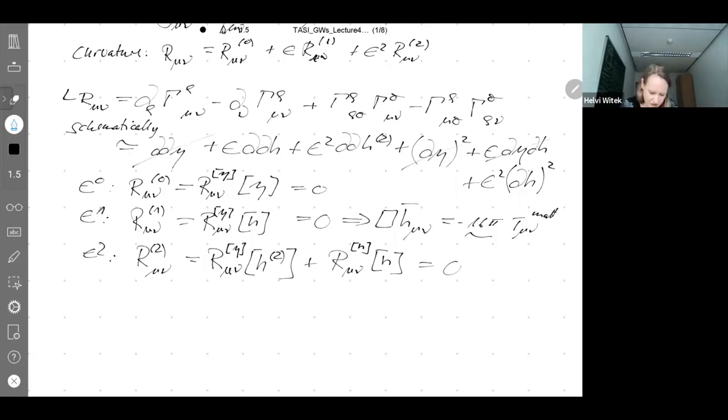So if you look at this more carefully and compare to the schematic expansion that we have above, then you see that this first term here is essentially a linear operator and gives us the wave equation.